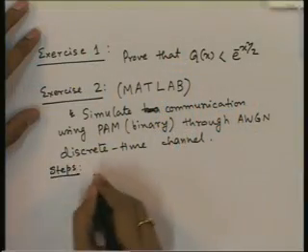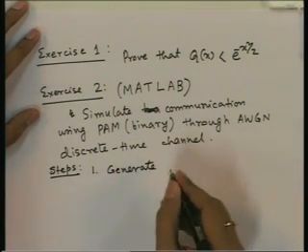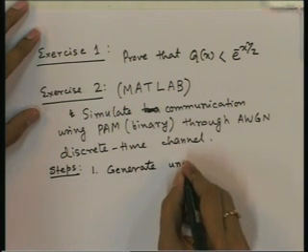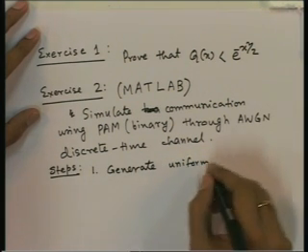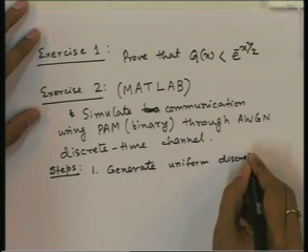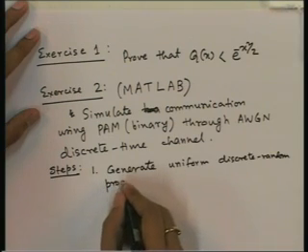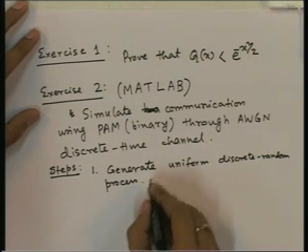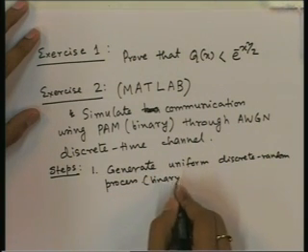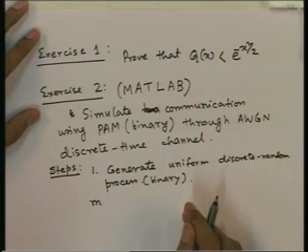First, the steps are, first generate the information you want to transmit, generate a uniform discrete binary random process, because the values will be binary, meaning generate a sequence of bits, M_i, randomly.